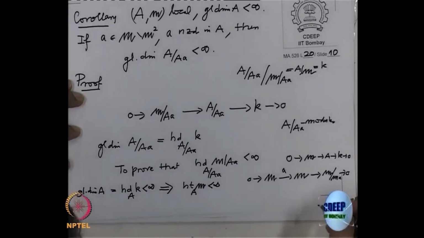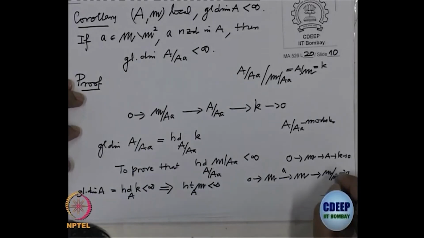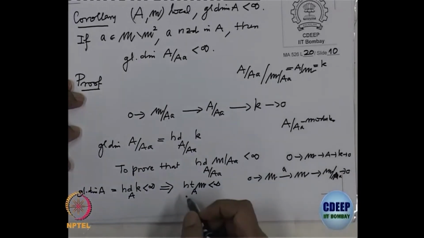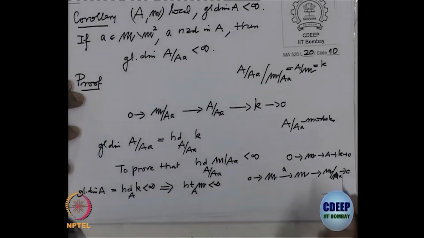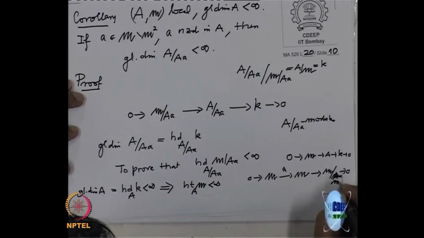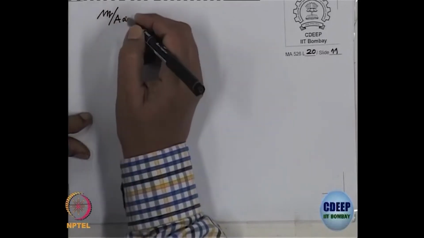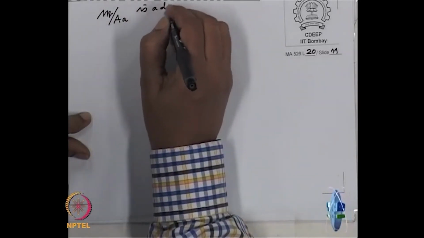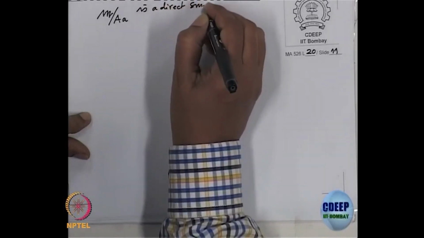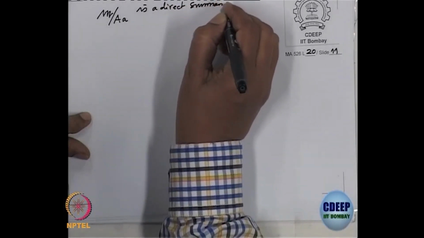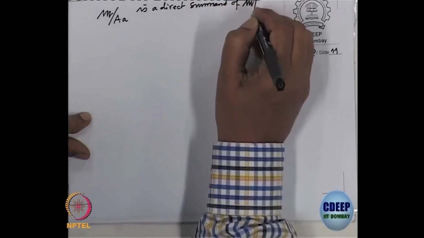Now this is aM, and the above lemma says that this is a direct summand of this. Splitting means we have proved the above lemma that says that M by aA is a direct summand of M by aM.